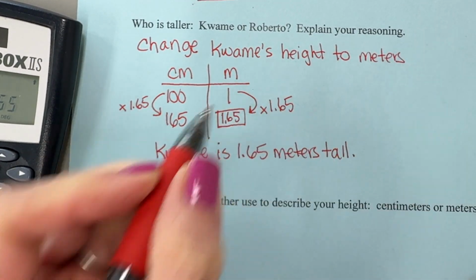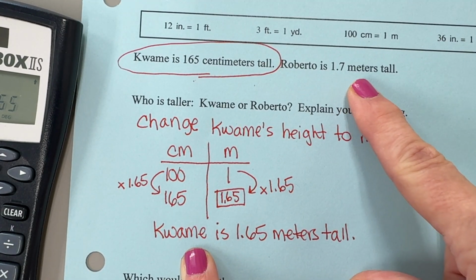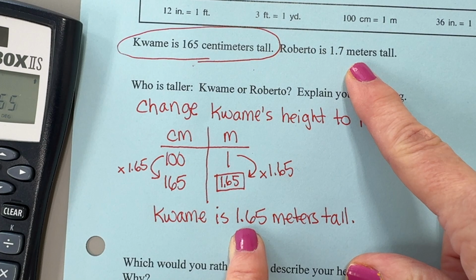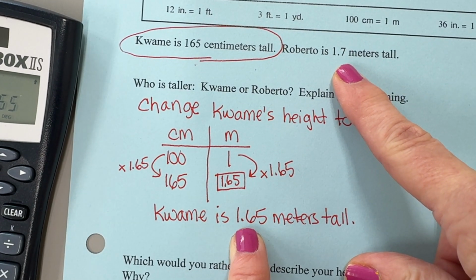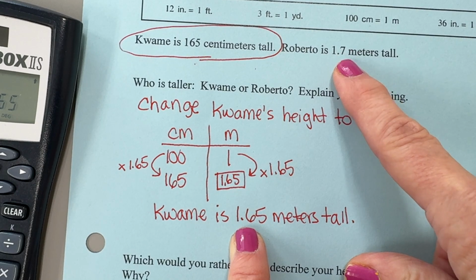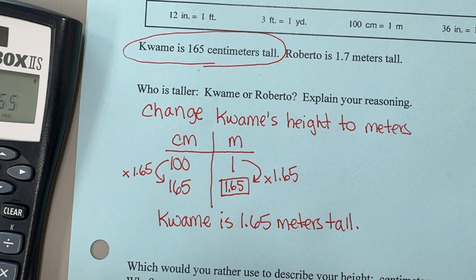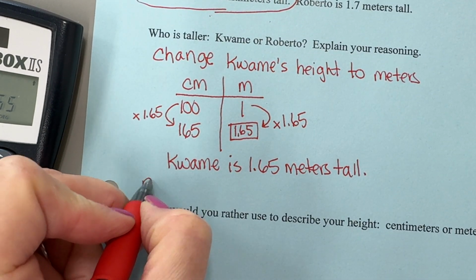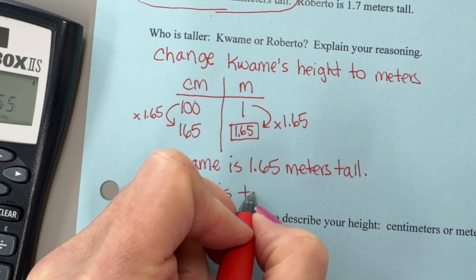So who's taller, Kwame or Roberto? 1.65, 1.7. Which one's bigger? Which one's taller? Well, I think Roberto is a little bit taller because 1.7 is higher than 1.65. So we will say Roberto is taller.